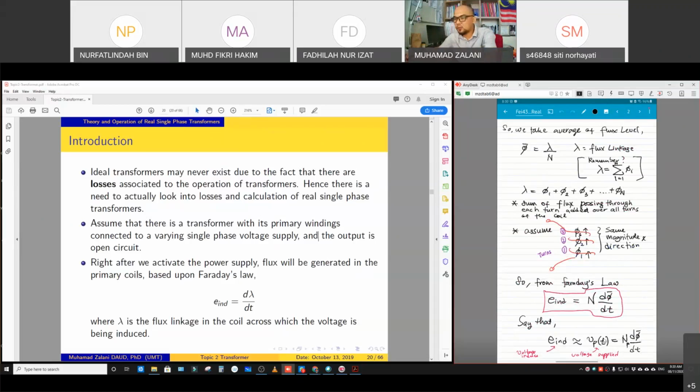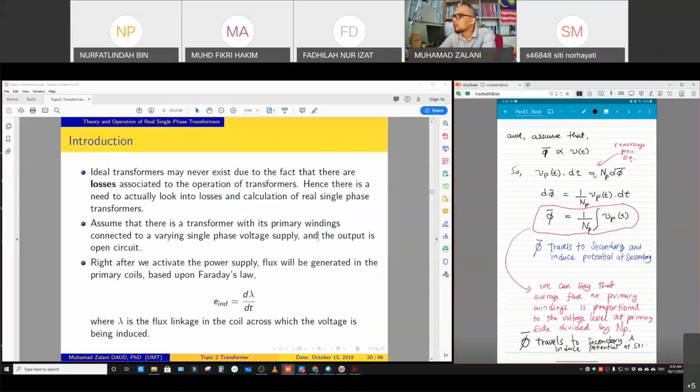We can rearrange this equation, which is Vp dt equals Np d phi. Then we further rearrange it until we get phi bar equals 1 over Np integration of Vp dt. So this is the formula for average phi induced at the primary turns.